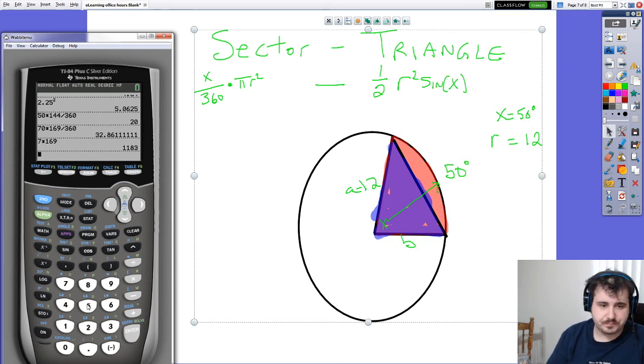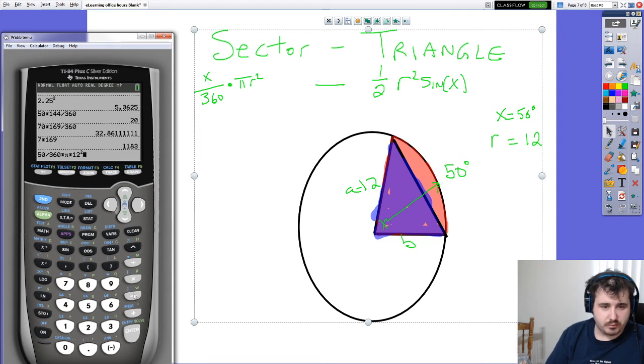So I'm just going to do my angle divided by 360 times, and then I've got a pi, so I'm going to get pi into the calculator, times, well, my R is 12, hit the square button.